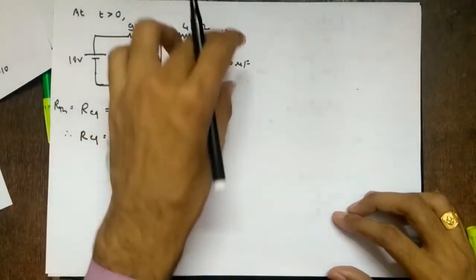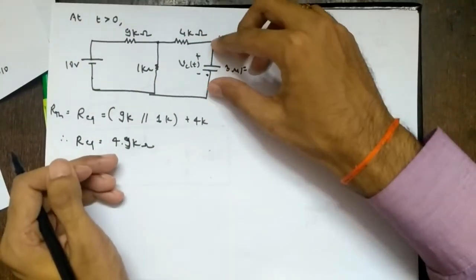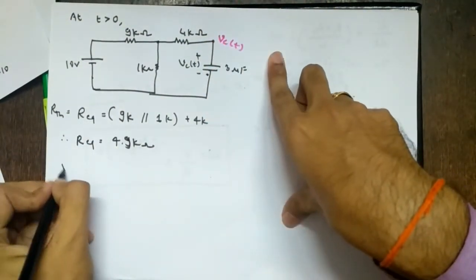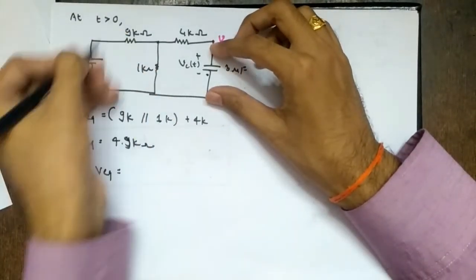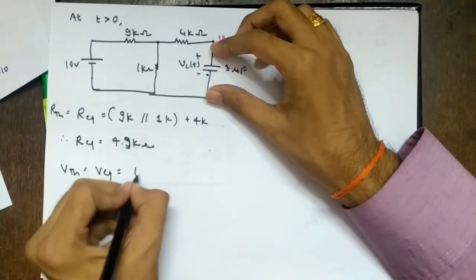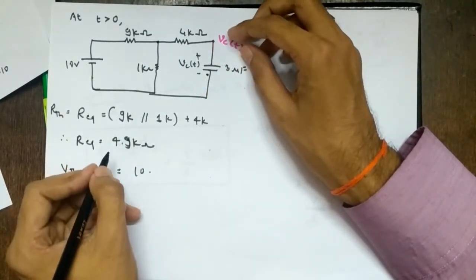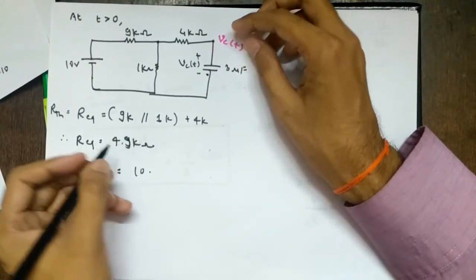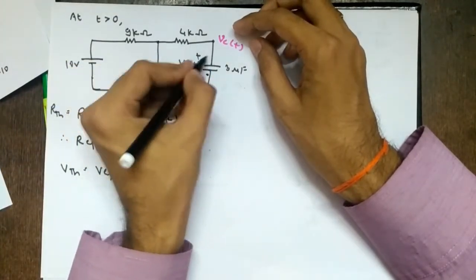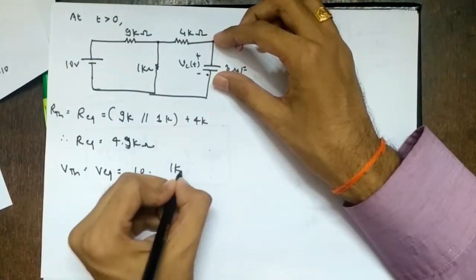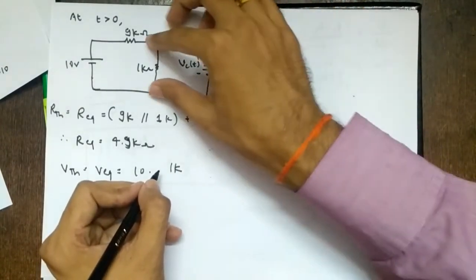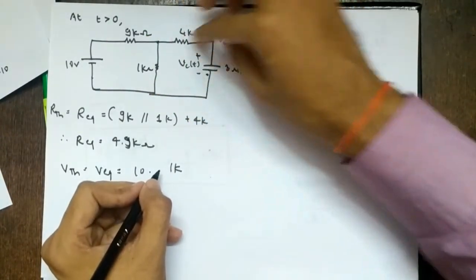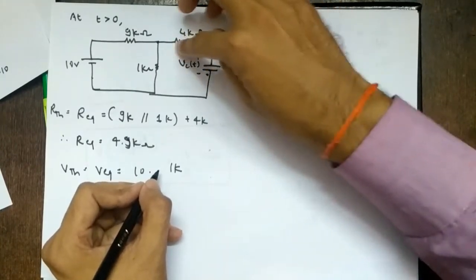Then for VTH, I remove this and keep VTH here. So VTH is V equivalent. I can use the voltage division rule. So total voltage is 10 into resistance. This is open, so the resistance is 1k, because I am finding the voltage across this, and if this is open the current through this will be 0.